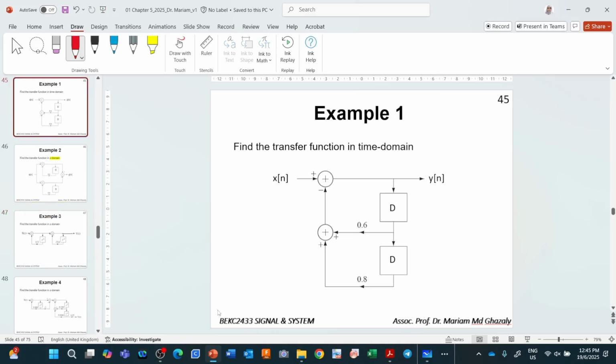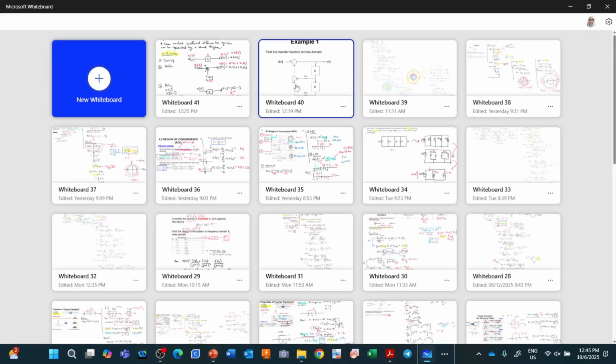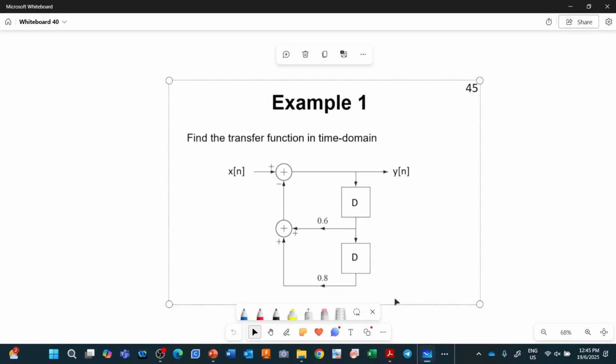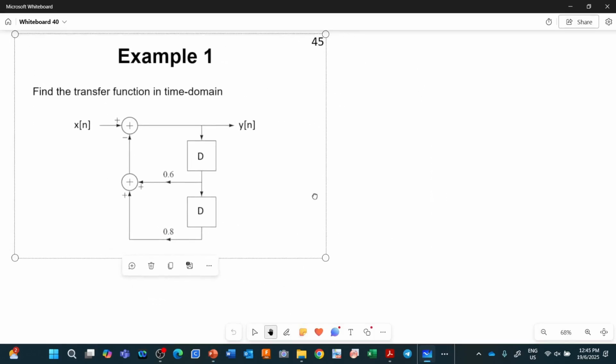So let's look at example 1. The question is to find the transfer function for the time domain.